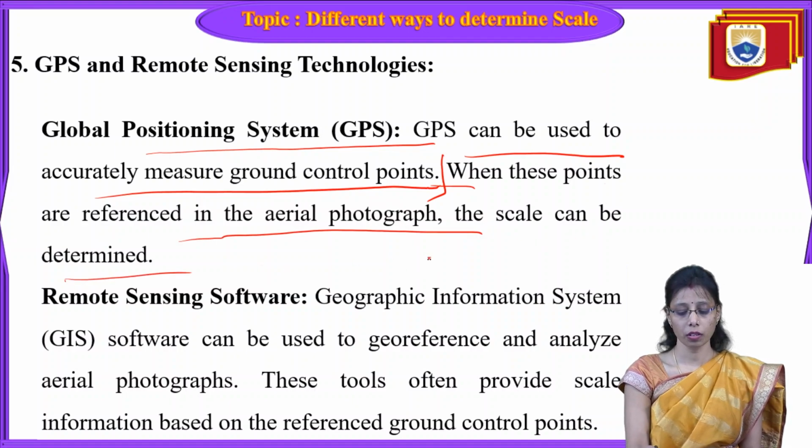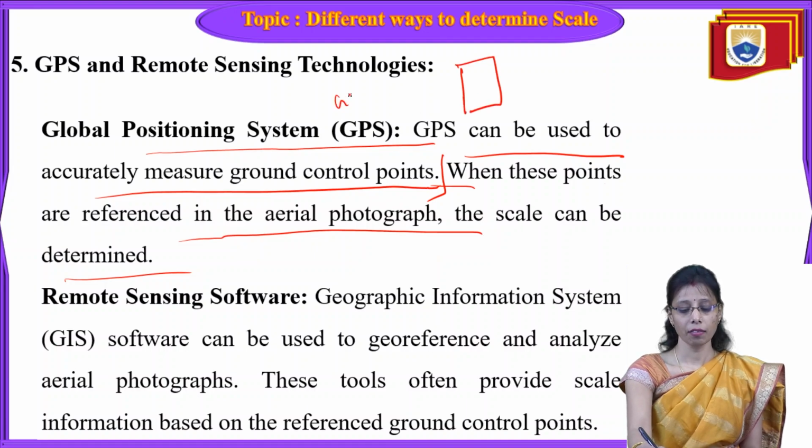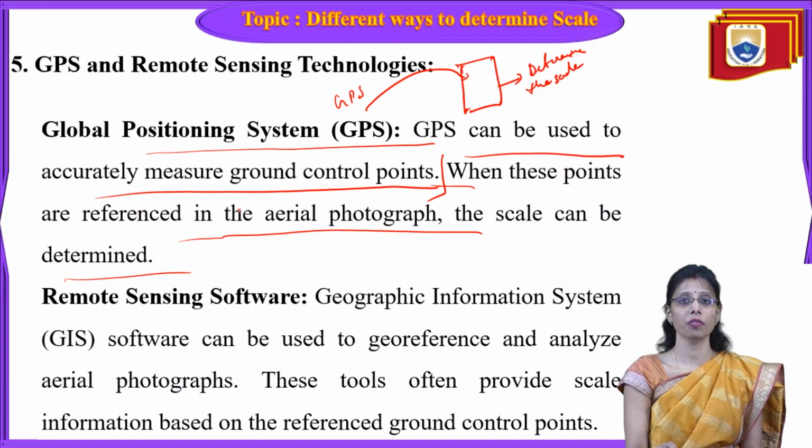So, for example, this is the map and you have GPS points. Once you assign these GPS points to the map, then we can determine the scale. All these methods can be used when you have software, like photogrammetry software.